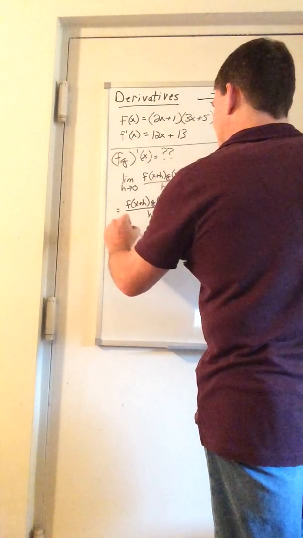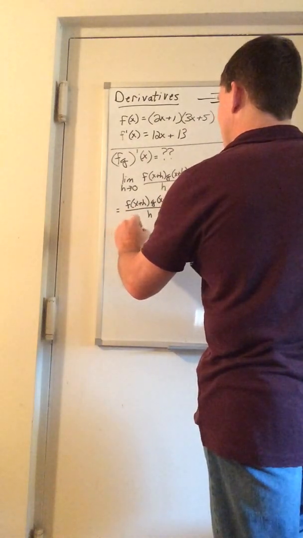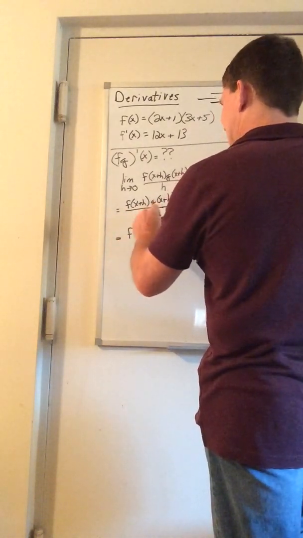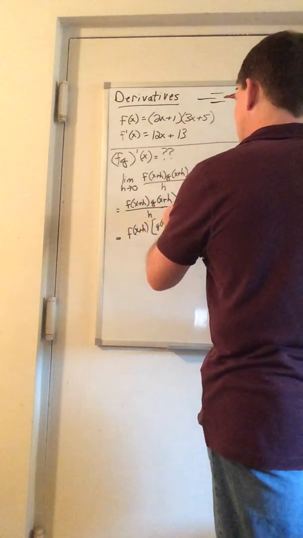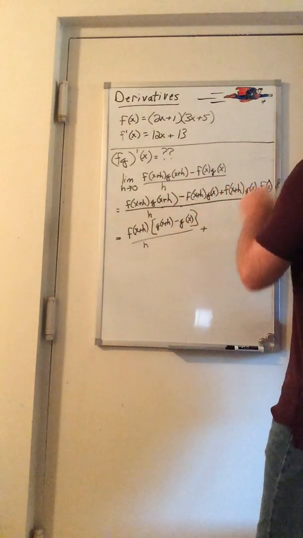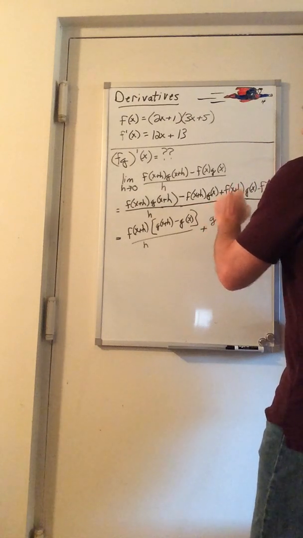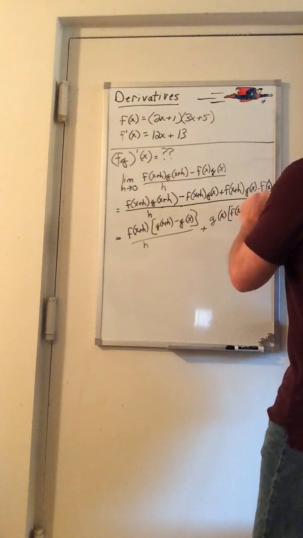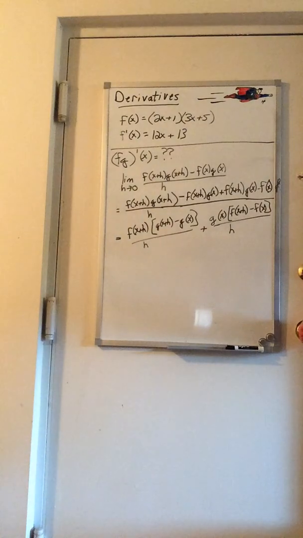Here there's a common f of x plus h, so f of x plus h times g of x plus h minus g of x, all over h, plus here there's a common g of x, so g of x times f of x plus h minus f of x, all over h. And now we're actually done.